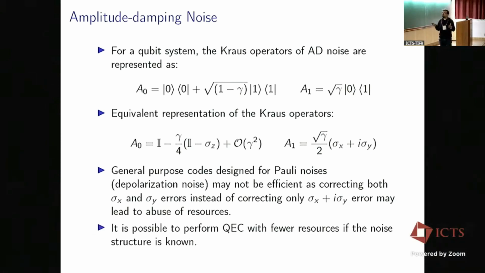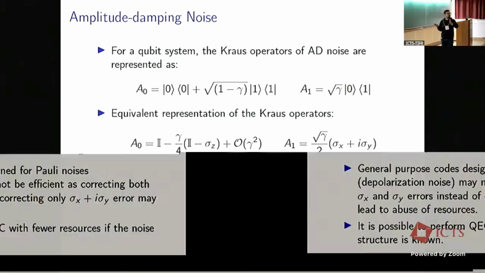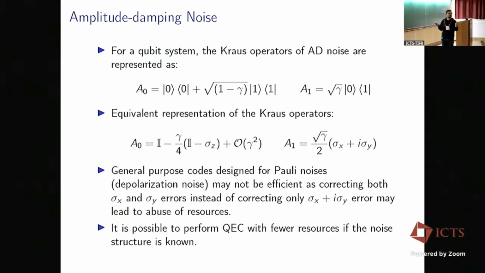But we don't need that. We can see that if you can correct sigma z here, you don't need to correct sigma x and sigma y separately, but you need to correct sigma x plus i sigma y. So we can just use this information to build quantum error correction codes with fewer resources.